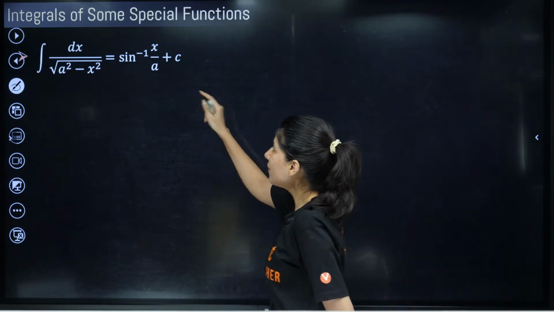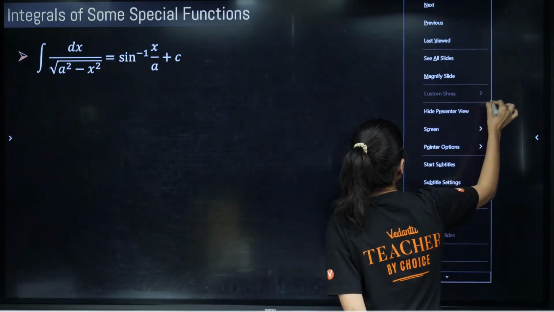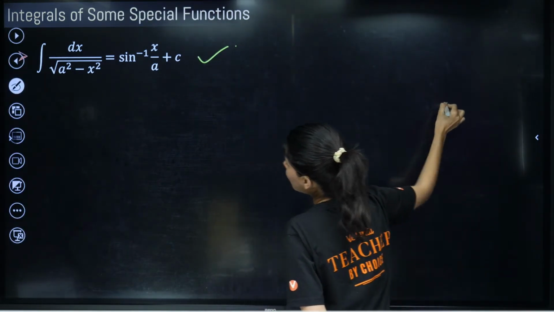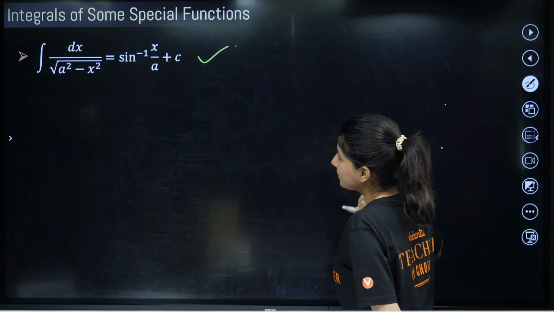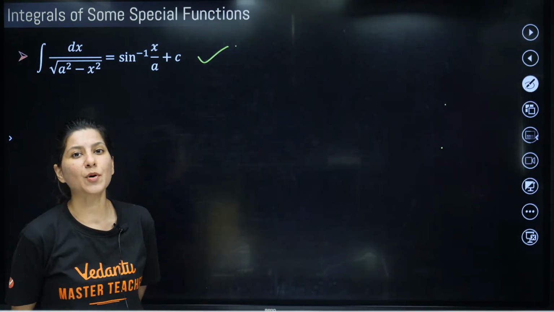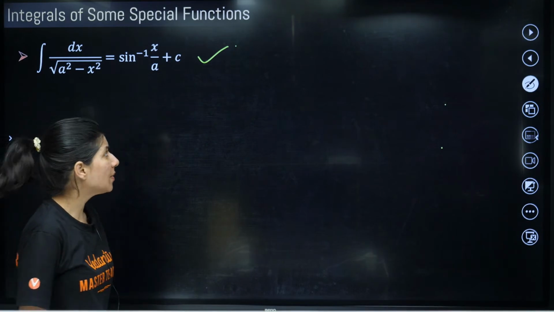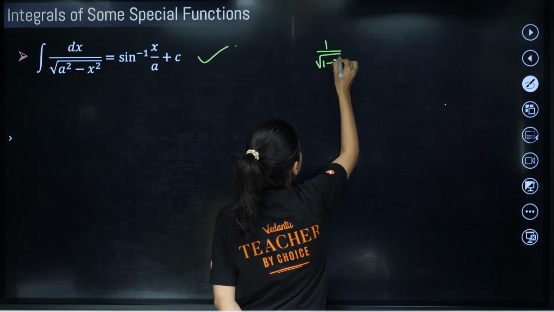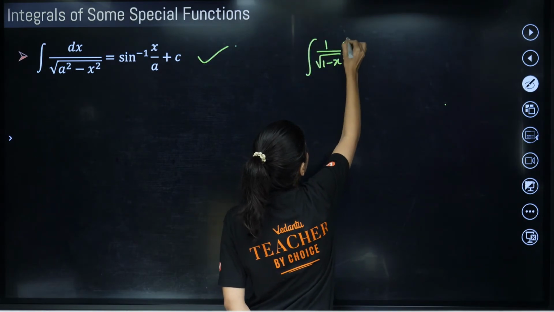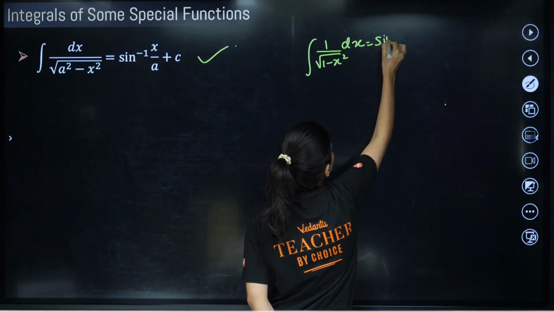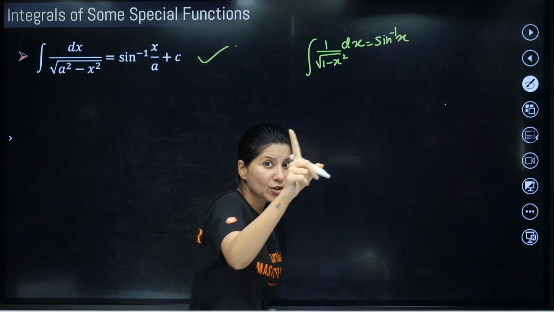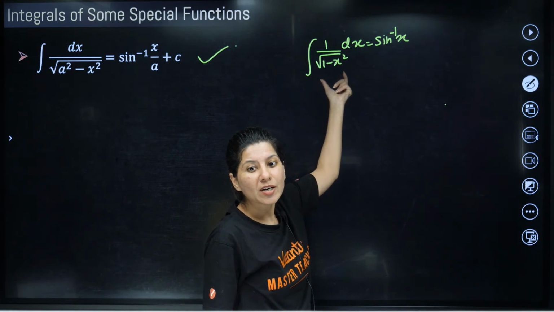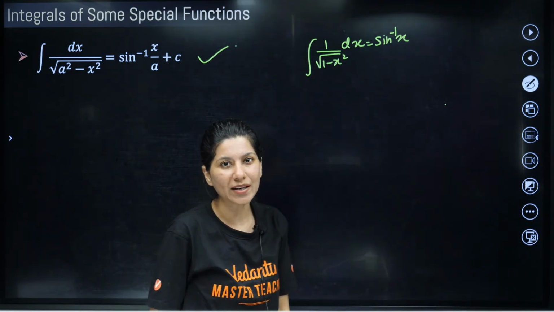Okay, so this is the very first integral, this formula you have to remember: dx upon, so basically integral of 1 upon root a square minus x square. Remember that the integral of 1 upon square root 1 minus x square is sine inverse x, because in inverse trigonometric functions we have studied that the derivative of sine inverse x is 1 upon square root 1 minus x square.